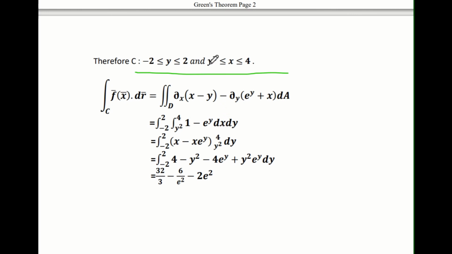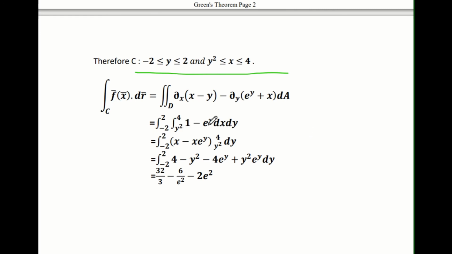Because x has a function, and y moves from value to value, and we would like to get a final answer as a value, not a function. So we first integrate with respect to x and then with respect to y.